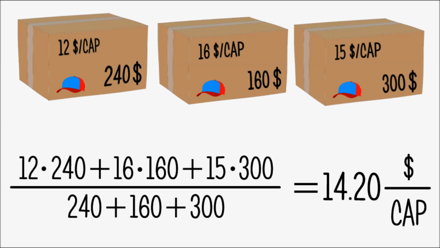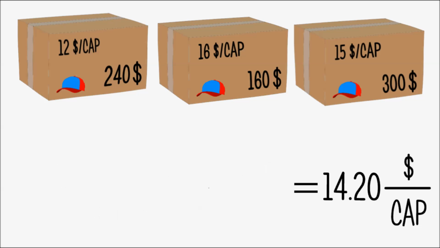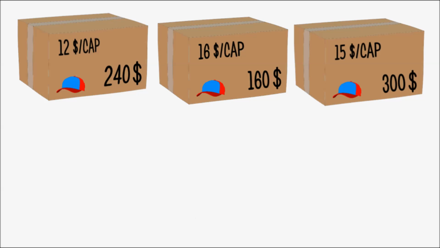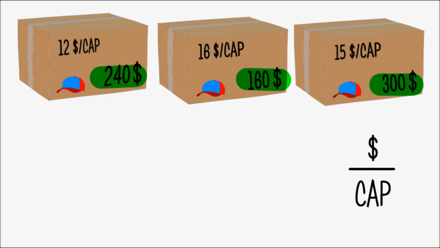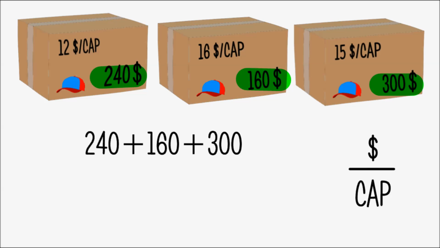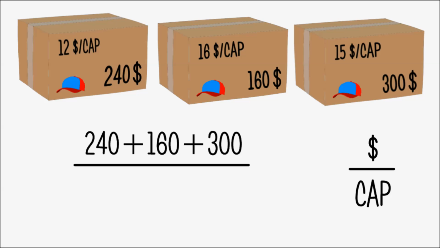For some reason, Catwin still feels uneasy about that result and thinks one more time. The average price must be measured in dollars per cap. The total amount of all 3 deliveries is 240 plus 160 plus 300, i.e. $700. The number of caps is actually written nowhere, but the first delivery was $240 at a price of $12 per cap.